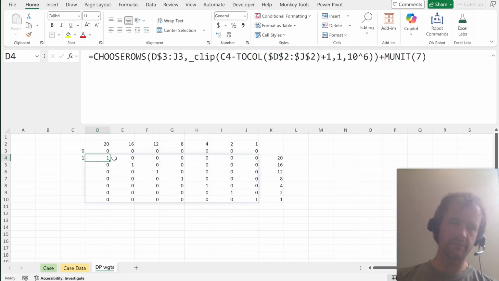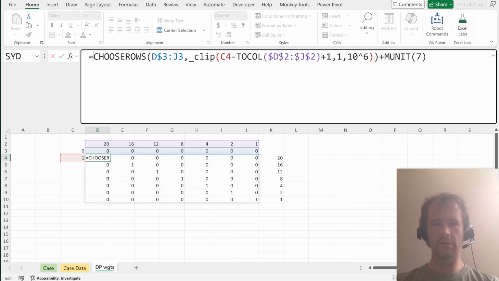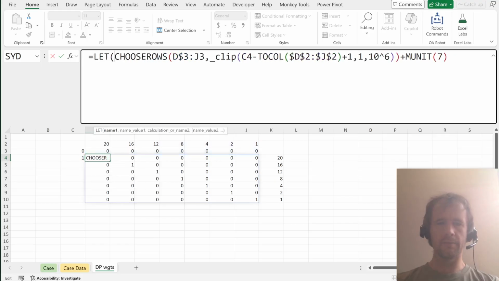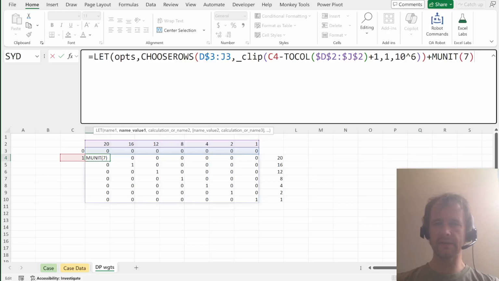And then the idea is basically whichever one of these matches the total amount and has the lowest sum is going to be the right one. So we're going to say let options be that.